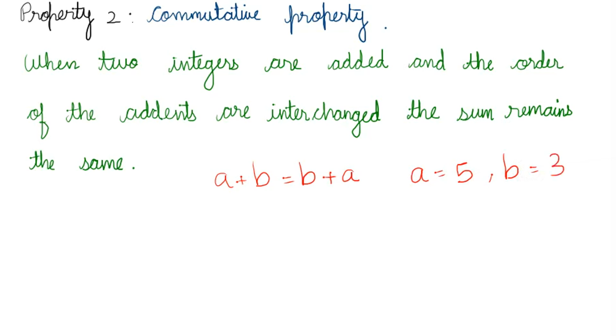When we have 5 plus 3, the answer is 8. If you have 3 plus 5, there also the answer is 8. So the commutative property holds good for addition of integers.